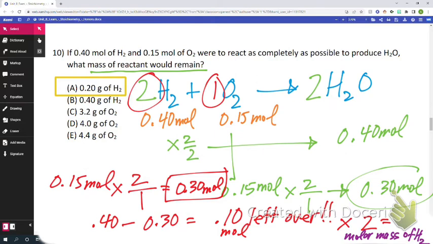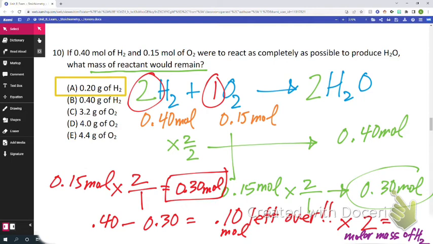That 2 is the molar mass of H2. Again, there are so many different ways you can do this problem. You've got to find the limiting reactant, and then find out, if you have that much of the limiting, how much of the excess you're going to need to use.